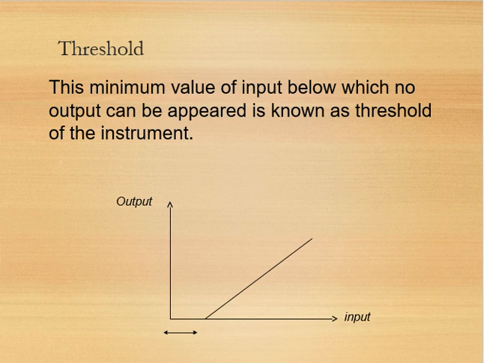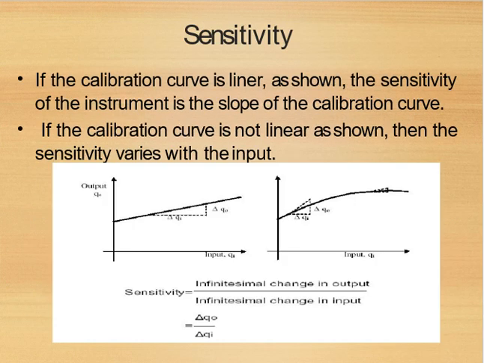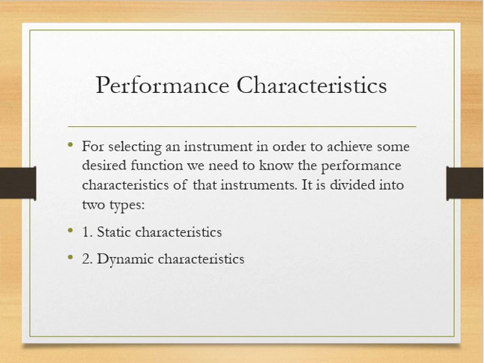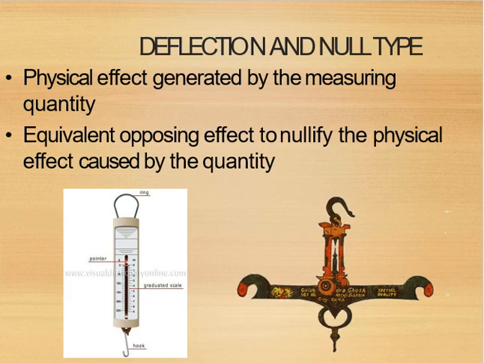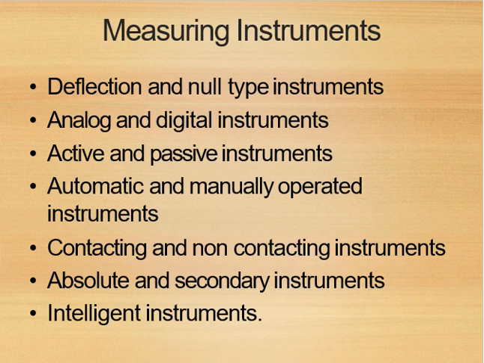And just again, one homework is there for you. We have seen these types of instruments previously, so I'm giving you one homework: you have to list down examples of this deflection type, null type instruments, or all this list that is given over here.